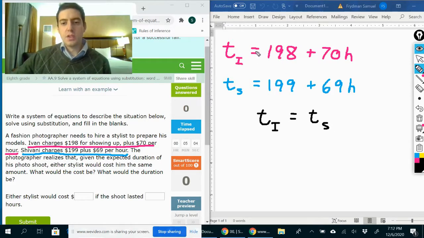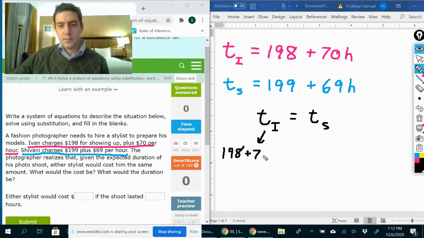Now to figure that out, we're going to just plug in these expressions. So the expression for the total for Ivan is 198 plus 70H. So let's plug that in for T here. All right, and then we'll plug in the expression for the total for Shivani, which is 199 plus 69H.